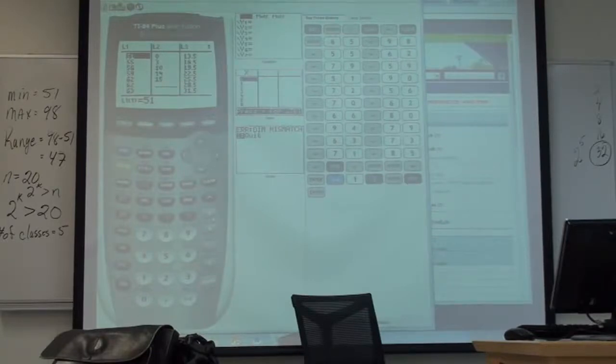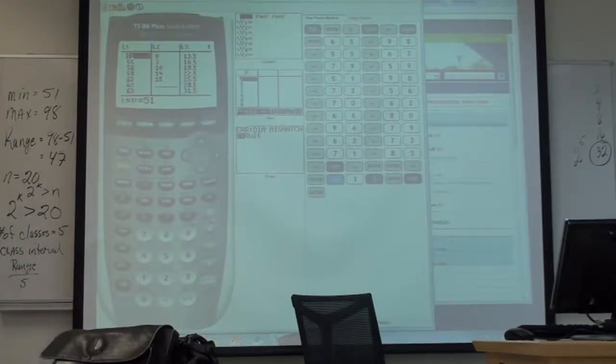Do you want me to go over that again? 2 to the k has to be greater than the number of terms I have. So whether I'm talking about oil changes or I'm talking about babies or eggs, if I have 20 terms, I'm always going to have the same line here. Okay, and then to decide how big the classes are, I'm going to take the range, so class interval is equal to the range divided by the value we've got here.